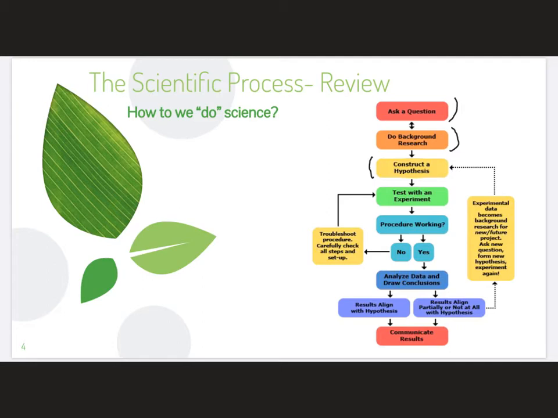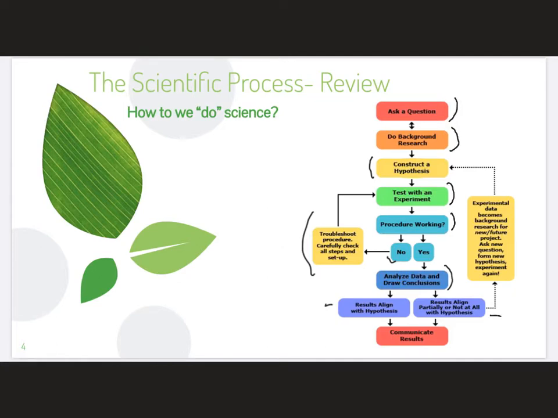Then we need to test our hypothesis with a carefully designed experiment, see if our experiment is working the way we thought it would or not. If it's not, then we might need to fix our procedure. If it is working, then we can look at that data and draw conclusions, try to find an answer to our question, and then we can say, was this what our hypothesis predicted, or was this not what our hypothesis predicted?